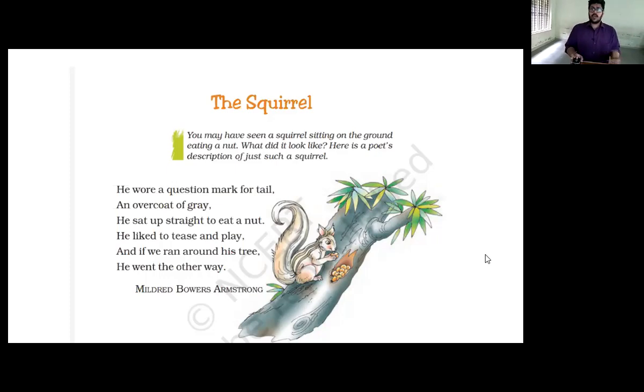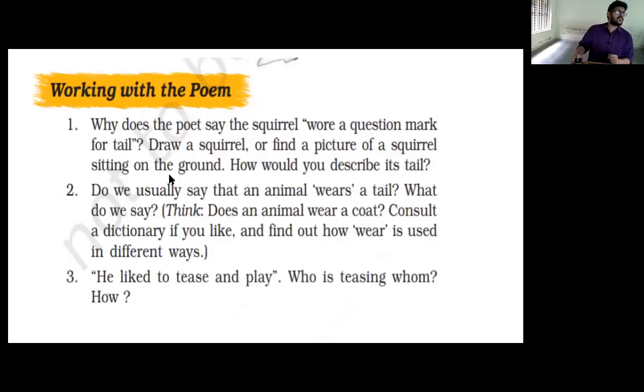Okay, so I hope you got the idea of this poem, and now it's time to discuss the textual activities. So here we go. You have to take your notebook with you and try to write it down in your notebook. So the first question, why does the poet say the squirrel wore a question mark for tail? Draw a squirrel or find a picture of a squirrel sitting on the ground. How do you describe its tail?